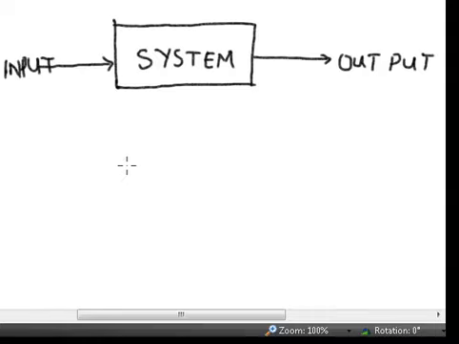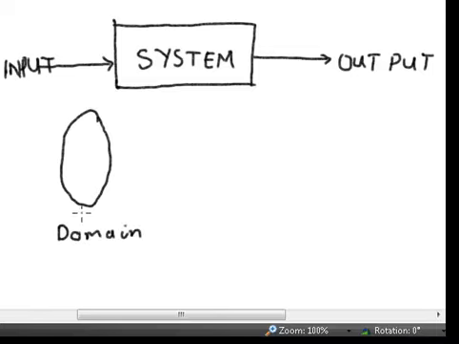Now, what is important, like I said before, we have a set here, which we can call a set of inputs, but we've got a special name for it. In mathematics, we call it a domain. And then let's call it here x. That's the domain of the function. What do I call the domain of the function? All the possible things I can input to the function, and they give me a reasonable output.